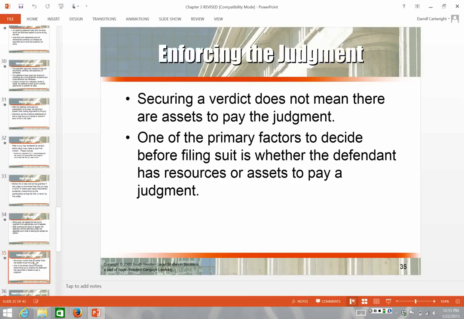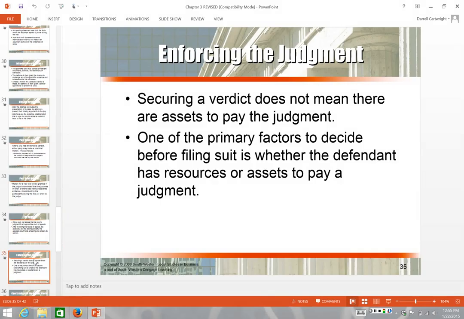Enforcing the judgment, I just want to mention one thing here. It is a very important part of deciding whether to pursue a matter in litigation, making a determination as to whether or not a judgment would be collectible.